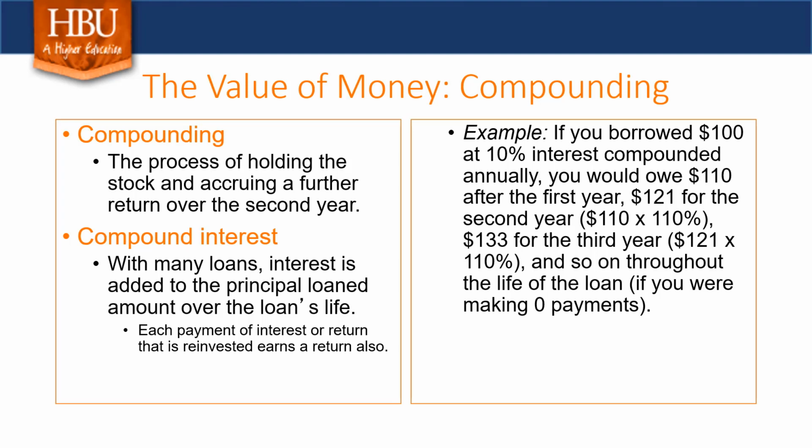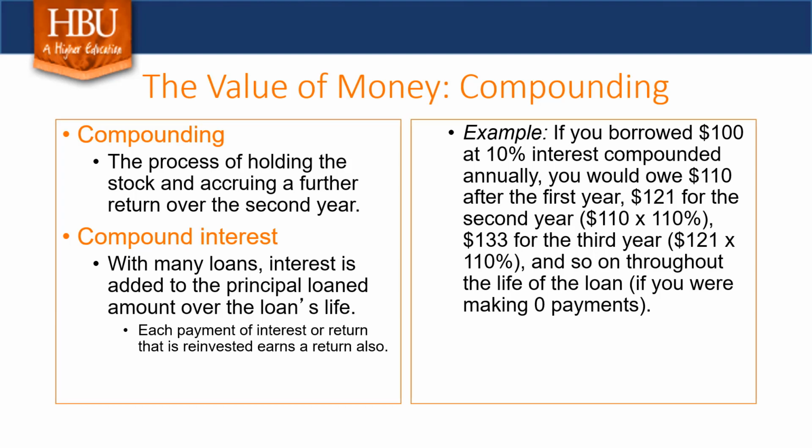So here we go. Credit cards. If you borrowed $100 on your credit card at 10% interest compounded annually, you would owe $110 after the first year. That $110 then becomes $121 for the second year, $133 for the third year, and so on throughout the life of the loan. That is if you made 0 payments.